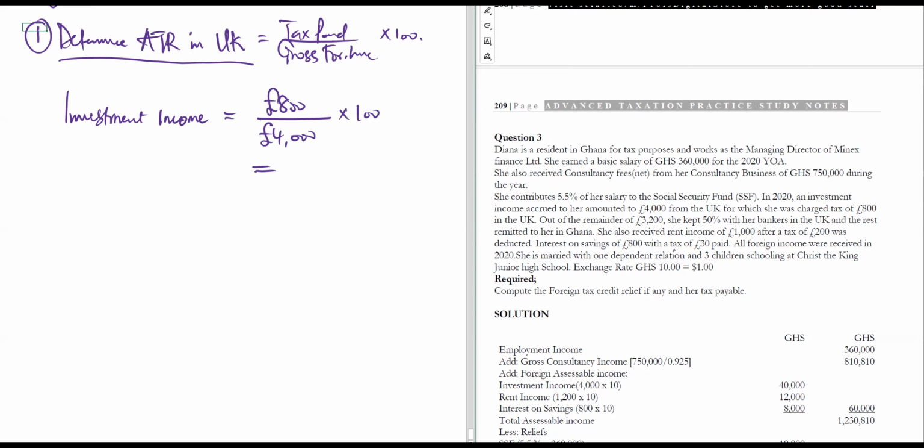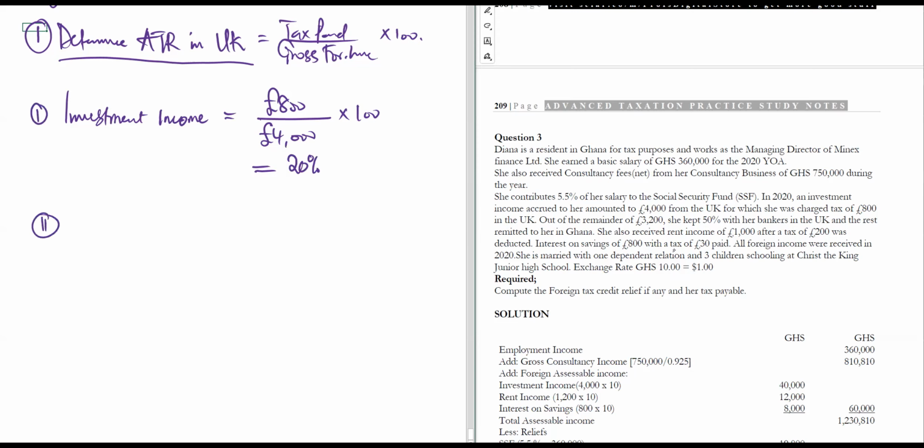I didn't gross anything up. Sometimes students mistakenly treat gross income as net and gross it up again. So 800 out of 4,000 is how much? 20%, right? So that was the first income.